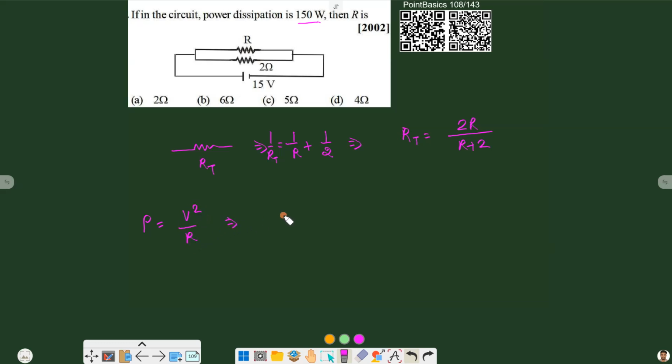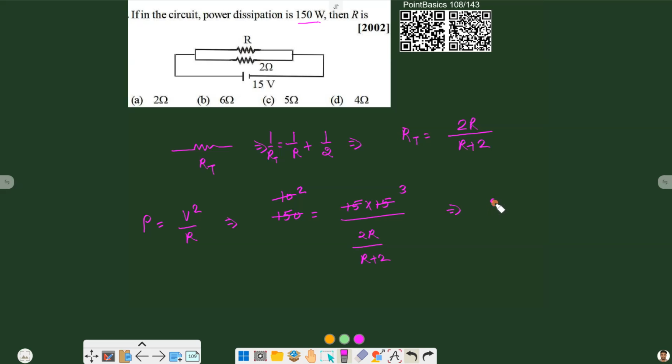Now as we know the potential, power consumed will be V square by R. The value of power is given as 150. The value of potential we know, that is 15, divided by 2R divided by R plus 2. That gets cancelled by 10, and again this gets cancelled by 3, and this is 2.